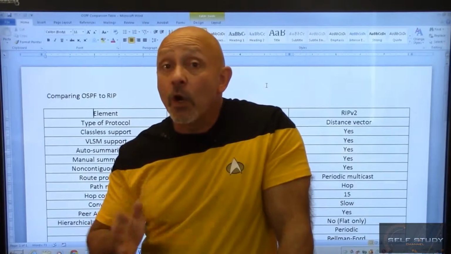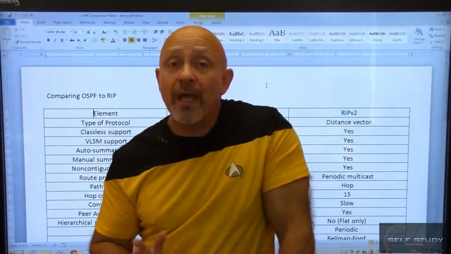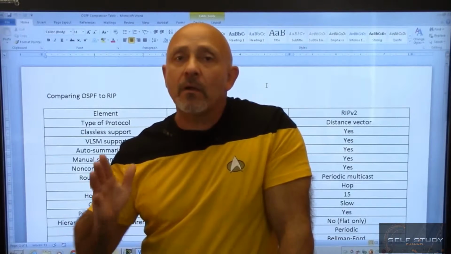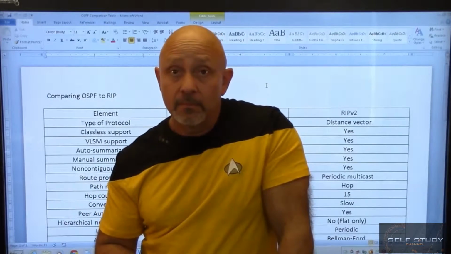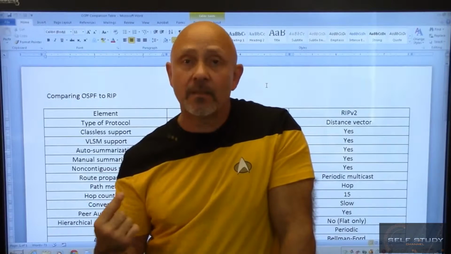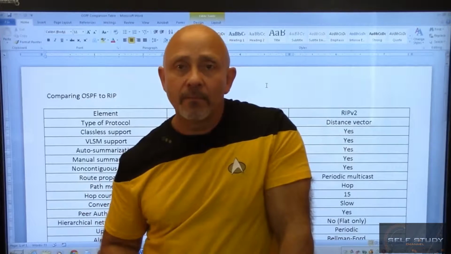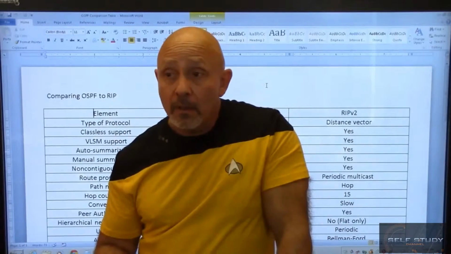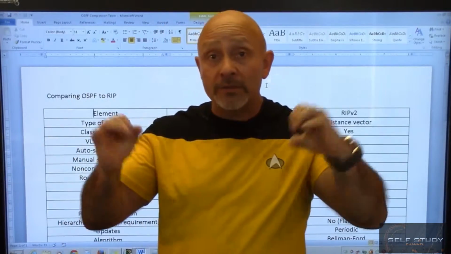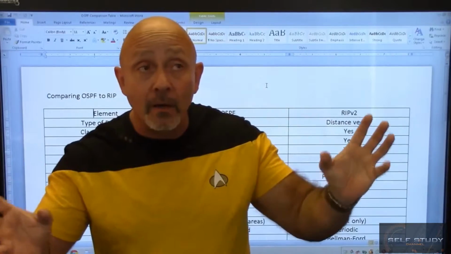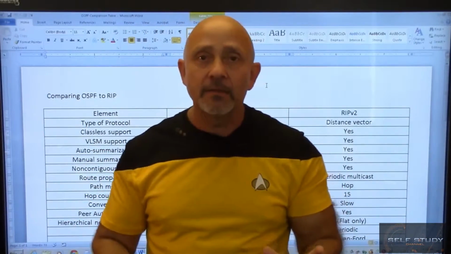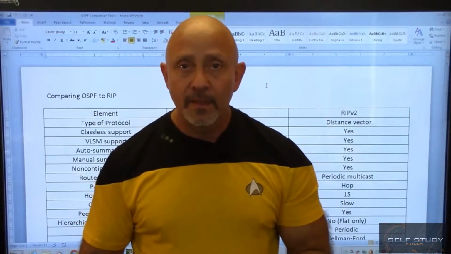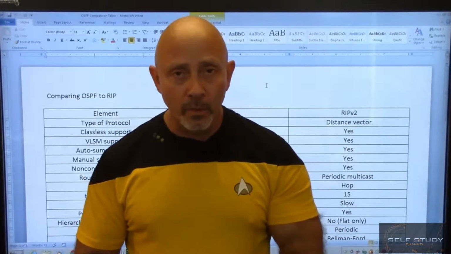If a link goes down in OSPF, every single router in that area is going to recalculate a new path. So that shortest path first calculation is not just the routers that lost that link. Each and every router, all 50 routers, let's say, in that area, just to throw that number, all 50 routers will recalculate again. So that's the problem with OSPF.